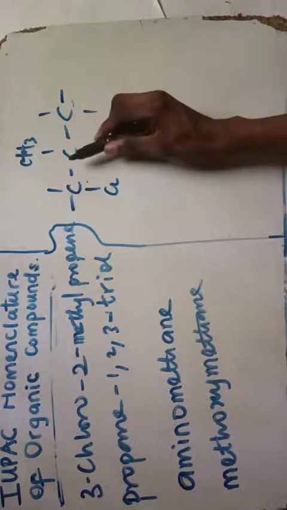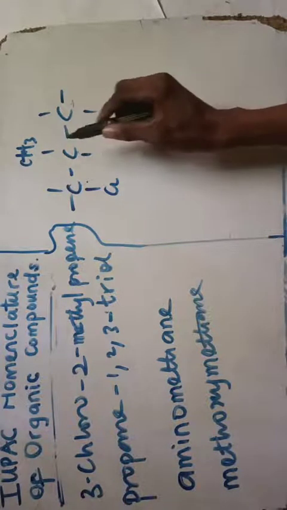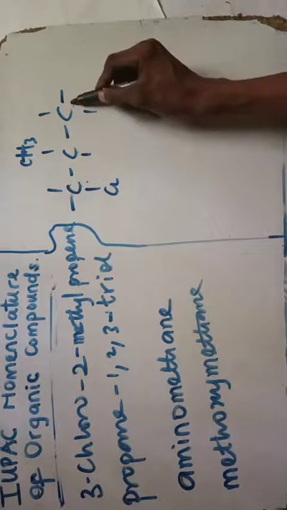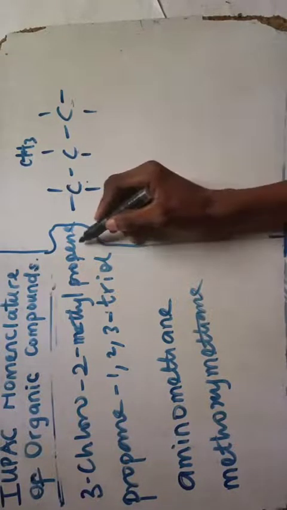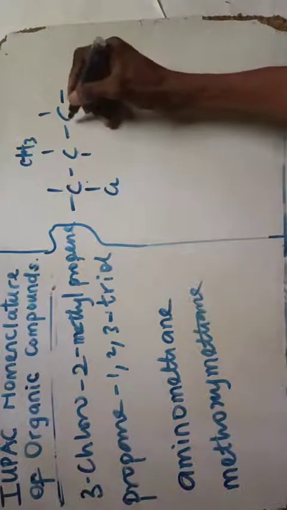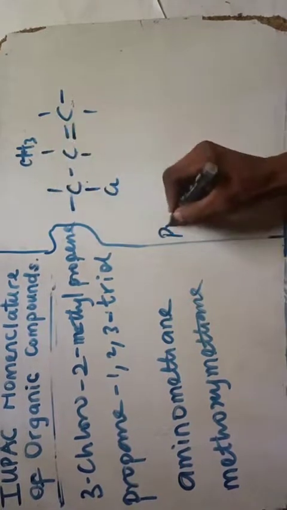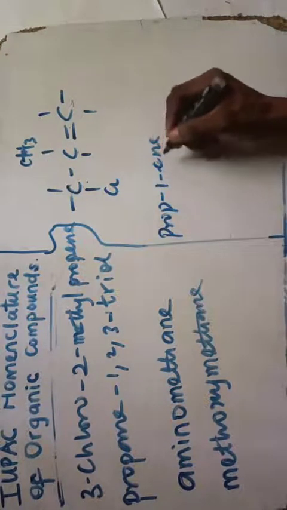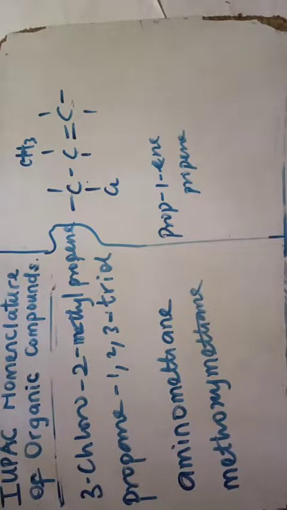Now, if I number it this way, that is very wrong, because there is a double bond. Prop-1-ene is also propene, and prop-2-ene is not propene, it's just prop-2-ene.